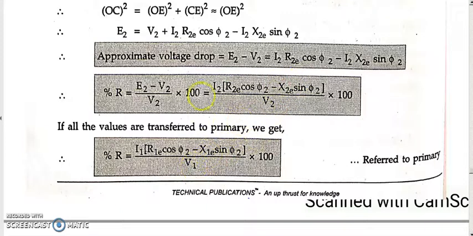V2 will change to V1, I2 will change to I1, R2 will change to R1E, whereas X2 will change to X1E, since you are referring to primary. Phi 2 is the one key factor to remember, not phi 1, because whatever regulation we are doing is with respect to the load. Again we know that load is connected to the secondary side, not the primary side.